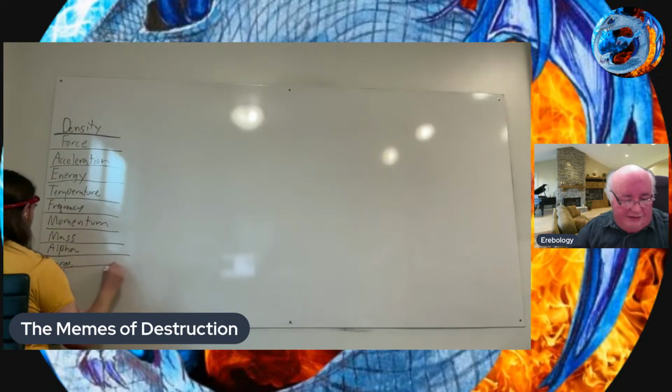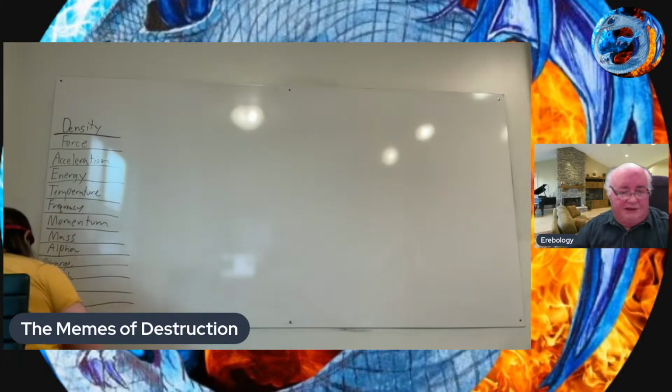Length. Time. Area. Volume. Is that the last one? That's the last one. Okay. All right. Thank you. I was going to run out of room. Yeah, that's why I'm skipping those rows.